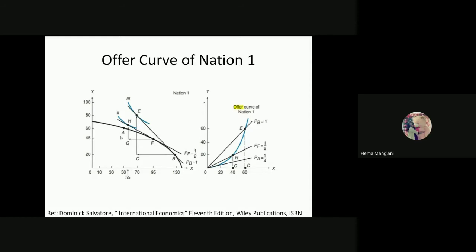Our production point is this. See, this much of X is being produced, okay, and this much of Y is being produced. At the same time, the country is showing an additional amount of Y consumption, okay. This is going outside of our production possibility curve.